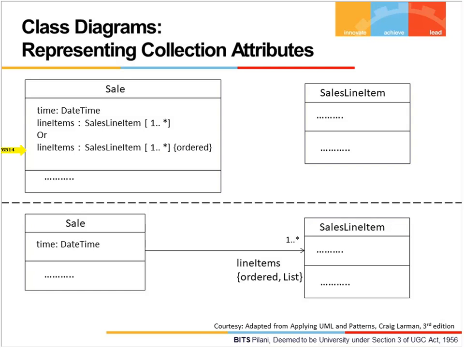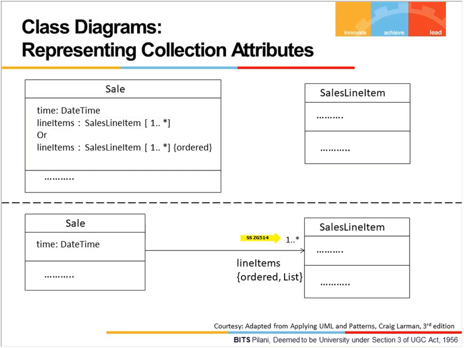The alternate notation: this was based on the attribute text notation, and now the attribute association line notation. If you represent it using the attribute association line notation, this would be the way. The line items is the name of the object, which is of type sales line item, and there is an association between sales and sales line items.